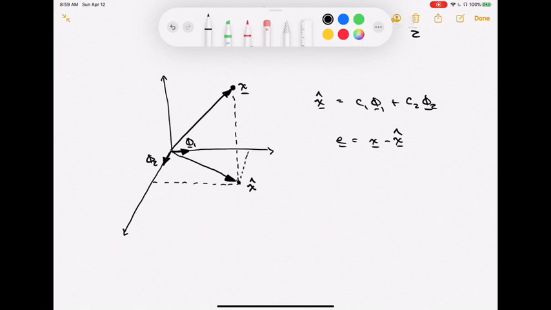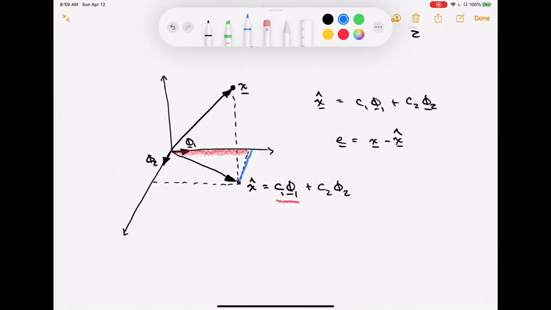So my x hat there is equal to some C1 phi1, and that C1 phi1 is going to be this piece right there. And then I'm going to have some C2 phi2, and that could be like this piece.